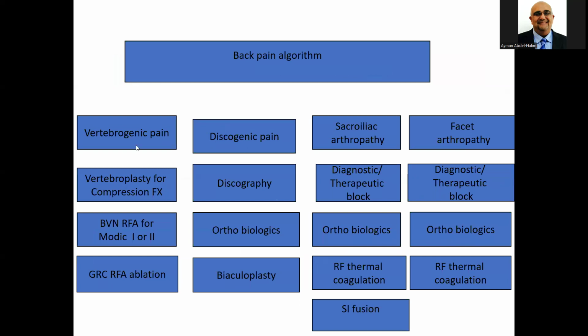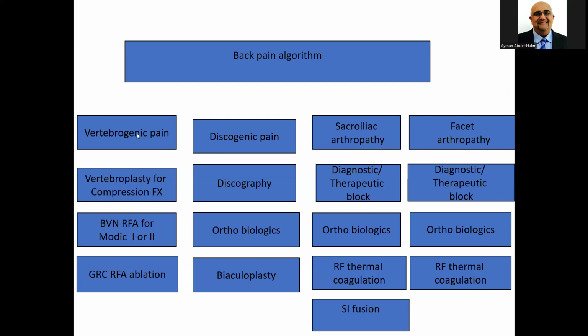So this could be related to vertebrogenic pain, could be related to discogenic pain. These are basically the anterior compartment elements, and it could be related to sacroiliac or facet arthropathy. And these are the posterior compartment elements.